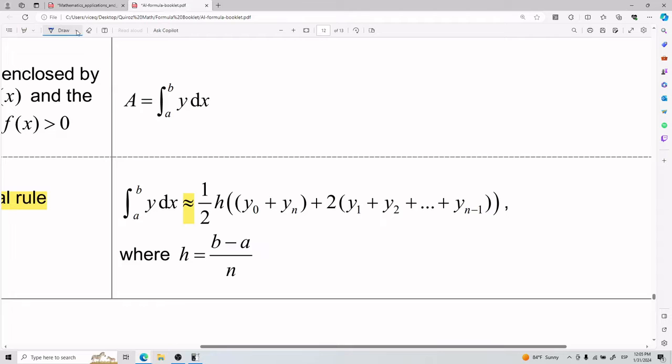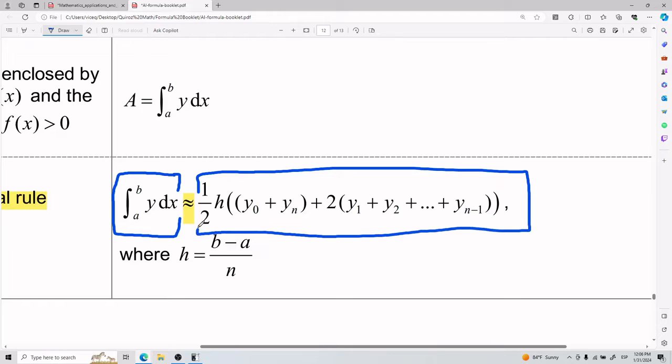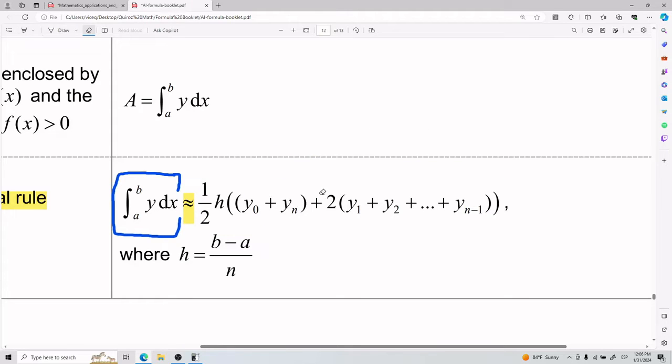As I told you, the integral calculates the area perfectly, but you can make an approximation using the trapezoidal rule. This is the trapezoidal rule. You don't have to understand this formula by heart, but really just understand what's going on.